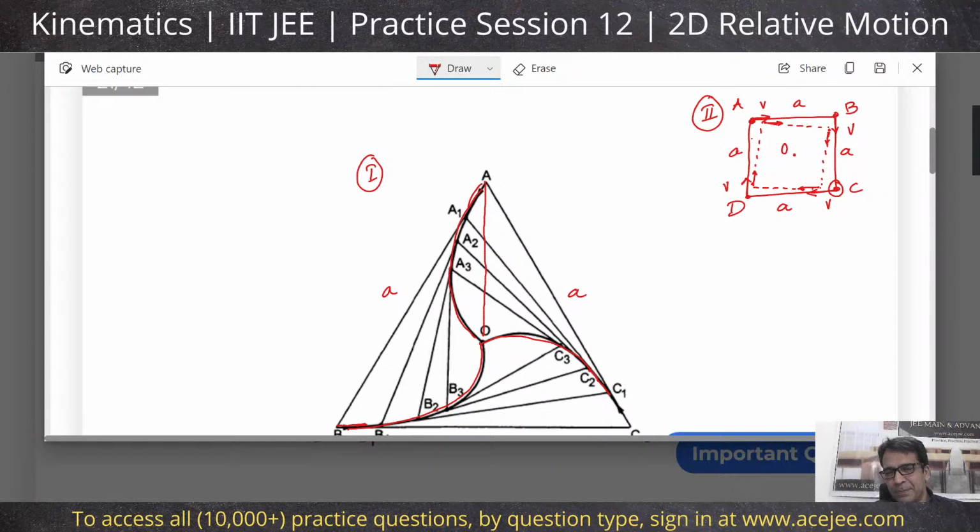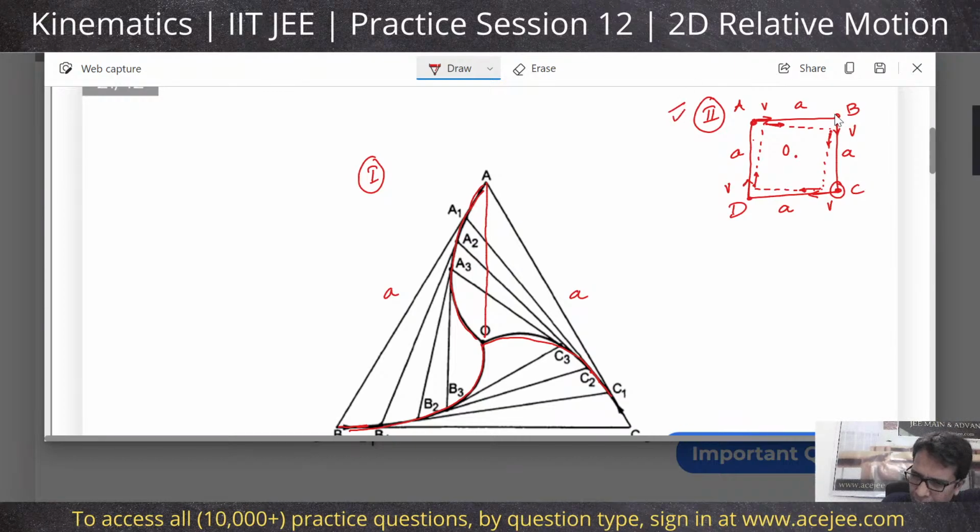Can we say the component of the velocity of each particle towards O will always remain the same? That is correct. Yes. So let me look at this scenario, the square. Now for A, if you see its component along AO, what is it?